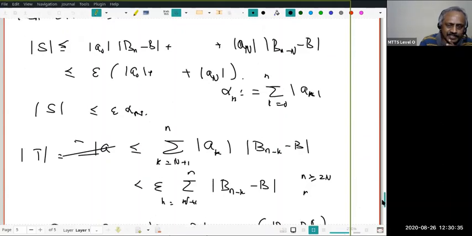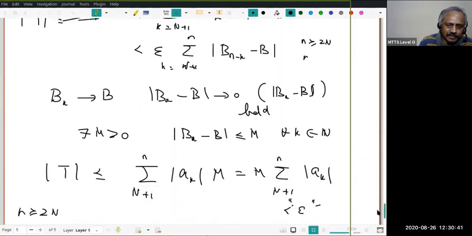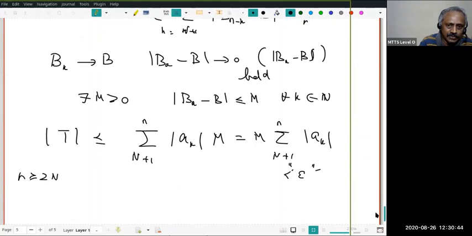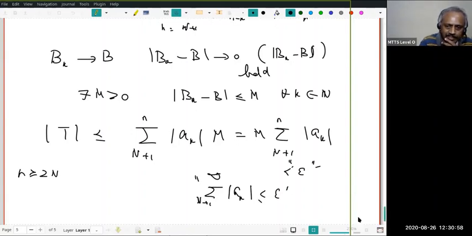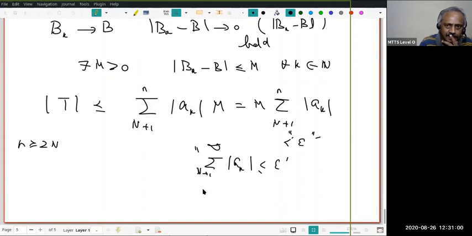Remember, my original assumption was summation a n is convergent and summation b n is convergent. Okay. Will that do? No, because this seems to say something like the sum from n plus 1 to infinity of mod a k should be less than epsilon, because this must be true for every n. You understand? Therefore, this must be less than or equal to epsilon. You understand? So, what does this trigger? It should trigger your memory. What condition should I impose?